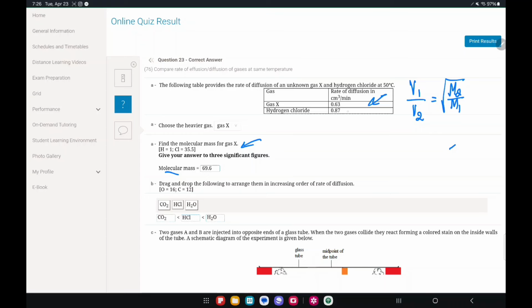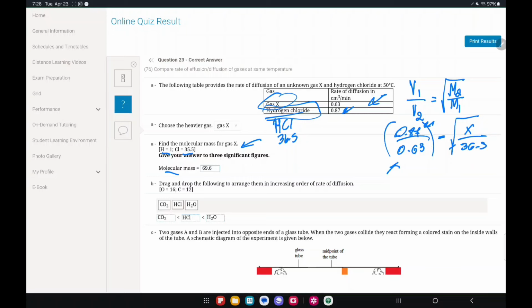V1, always put the lighter gas up, so 0.87 over 0.63 equals radical M2 over M1. So M2 is the mass of X, and M1 is the other one, hydrogen chloride, HCl. They gave us H is 1, Cl 35.5, so it's going to be 36.5.